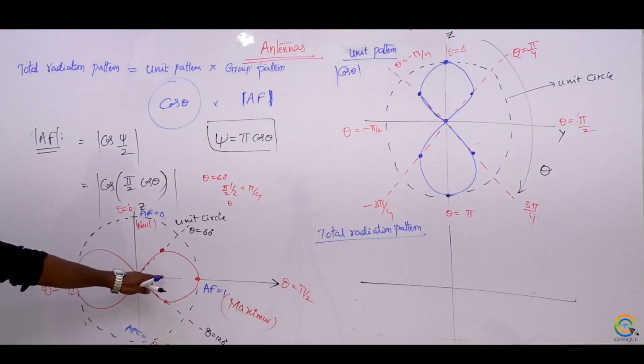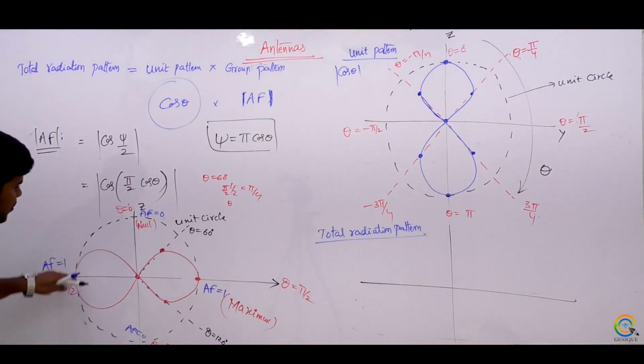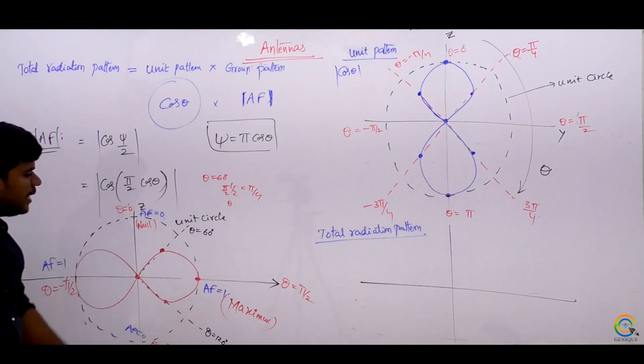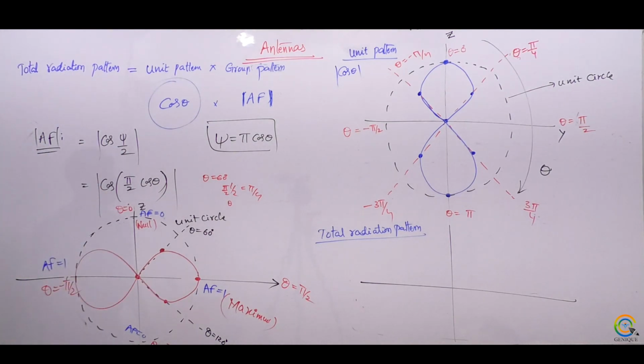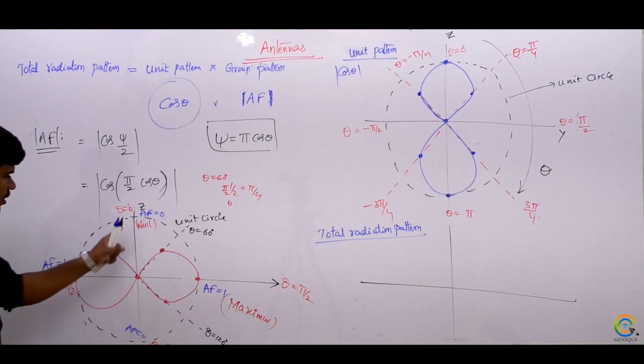So the maximum radiation is due to this broadside arrangement. Here you will get it at right angles to the array axis.